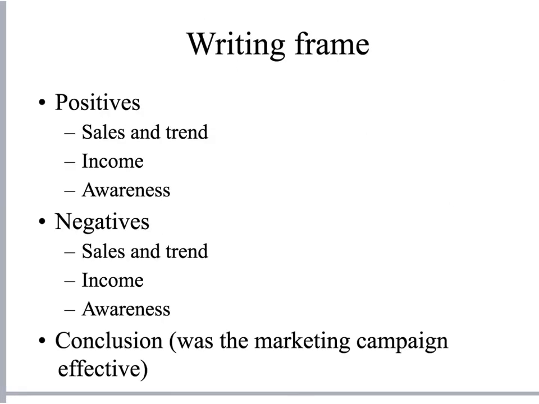But let's get to the writing frame. Okay, so 3 sections. Section number 1 here, and we just put that in black, is your positives. So I'd have a nice big section on positives, and I'd have 3 subsections in there.